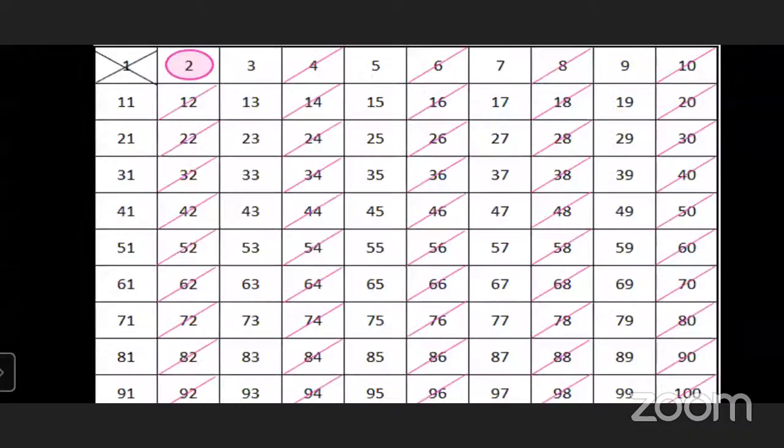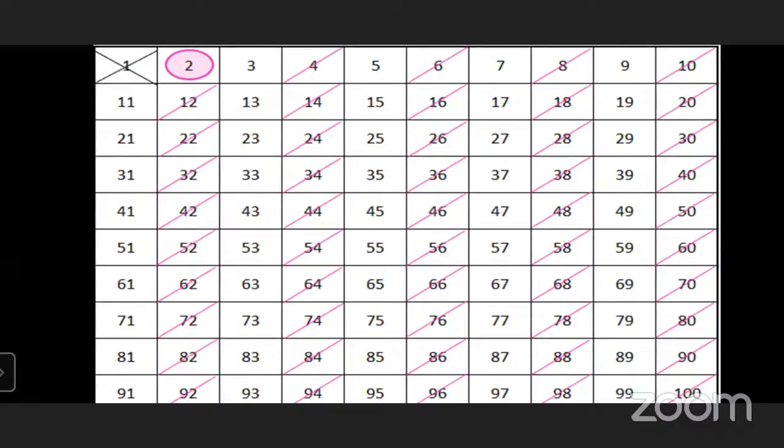So this is a table of 1 to 100, and in this table we have marked composite numbers and prime numbers. 1 is not a composite number nor a prime number, because 1 has only one factor, that is 1, and for a prime number there should be 2 factors. So 1 is neither prime nor composite.